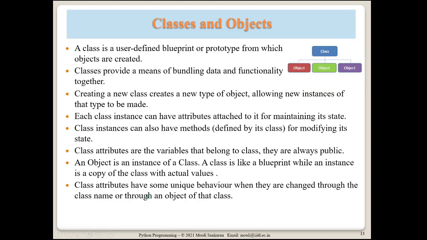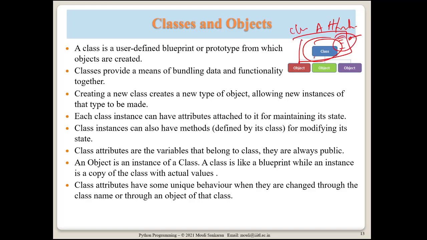Class attributes have some unique behavior when they are changed through the class name or through an object of that class. When you define some attributes at the class level and change them with the class name, you are changing the attributes at the class level.